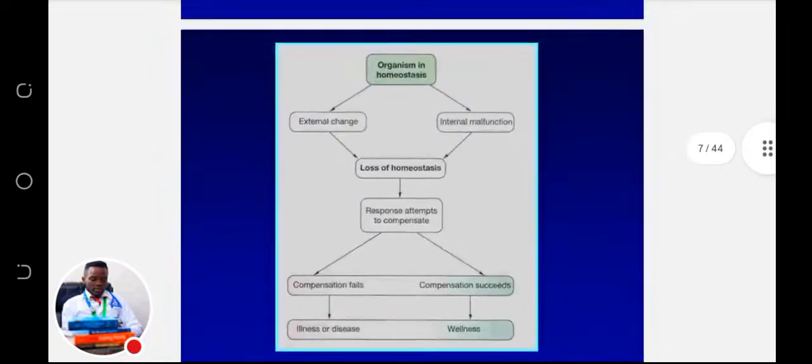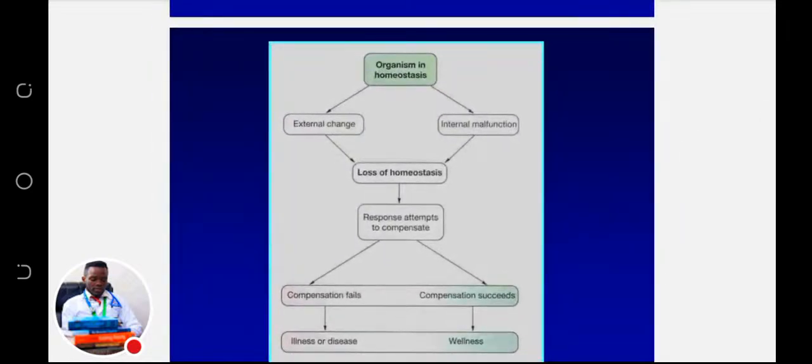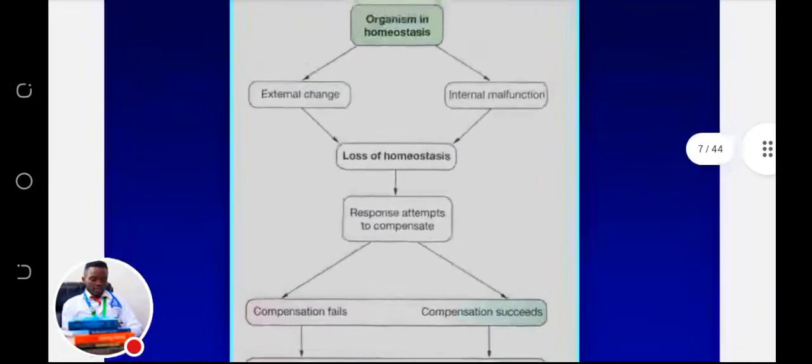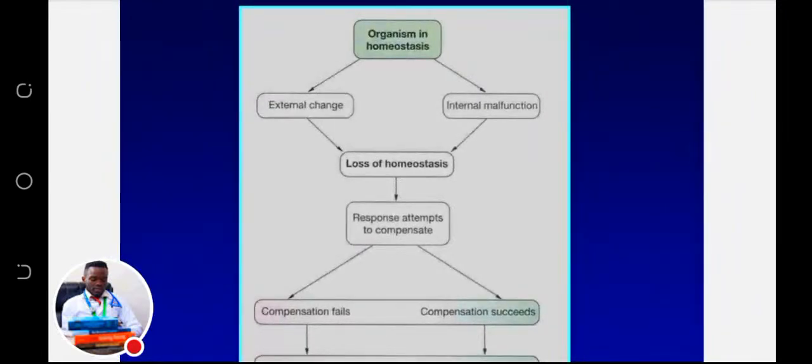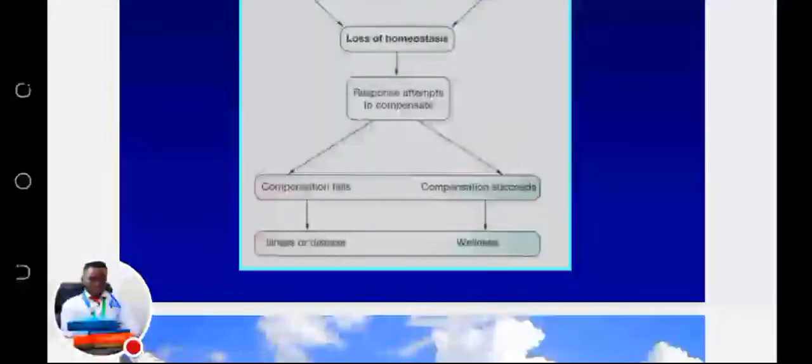Now, if we look here, we have an organism in homeostasis. An organism in homeostasis has two important key factors: the external change as well as the internal malfunction, which lead to the loss of homeostasis, resulting in a response attempt to compensate. That leads to whether compensation fails or compensation succeeds.